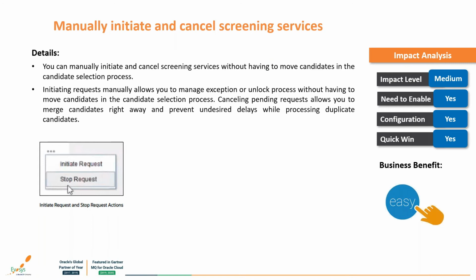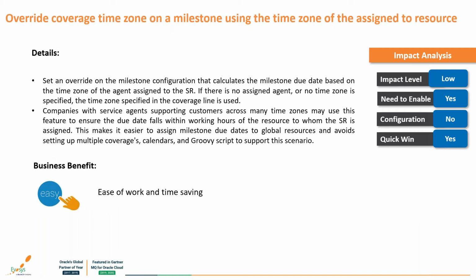We will move to the next feature now. This feature is related to HR Help Desk, and from now there are some features related to HR Help Desk. This feature is override coverage time zone on a milestone using the time zone of the assigned resource.